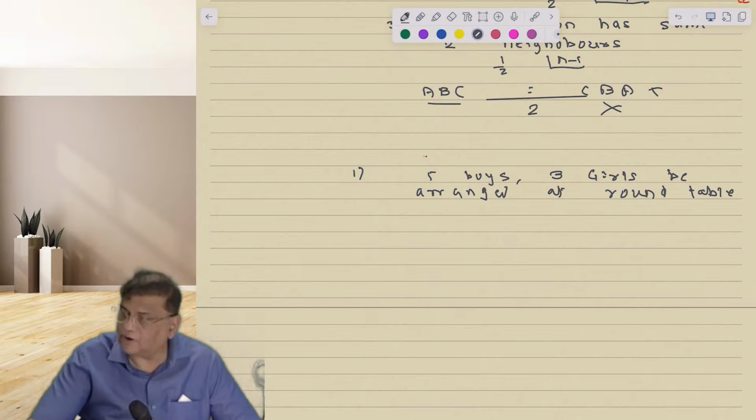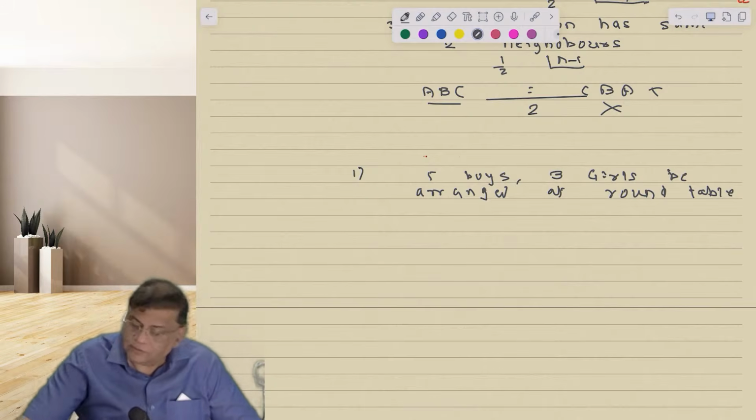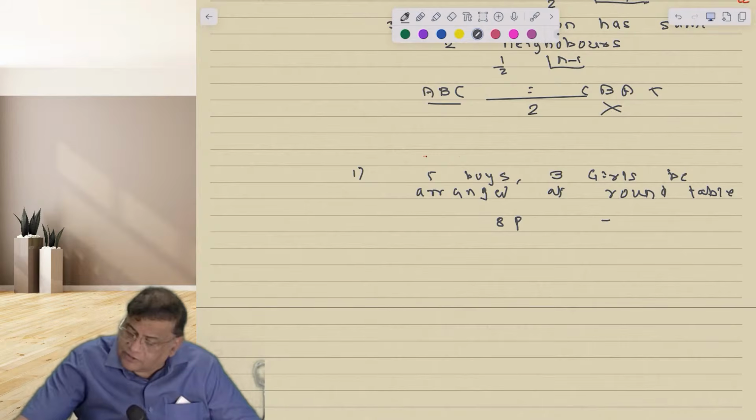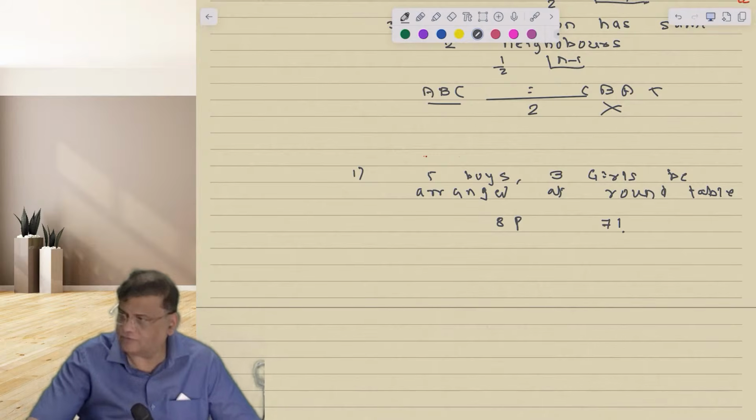Then what happens? In all, there are 8 people. And for 8 people, the number in circle is 7 factorial, which is 5040.